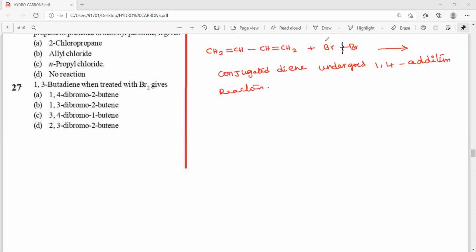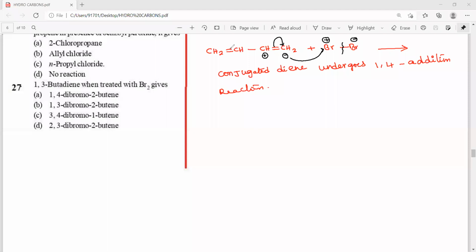This Br2 will be ionized to give Br plus and Br minus. First the positive ion will be added. This double bond will migrate, and here a negative charge, and this negative will be attached to the electrophile. That is electrophilic addition reaction only. Now it creates a positive charge.